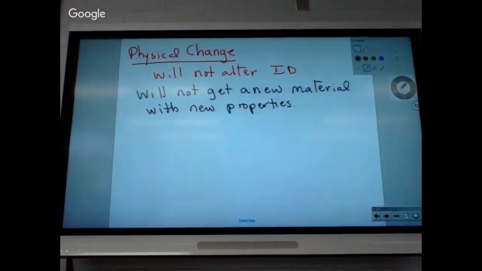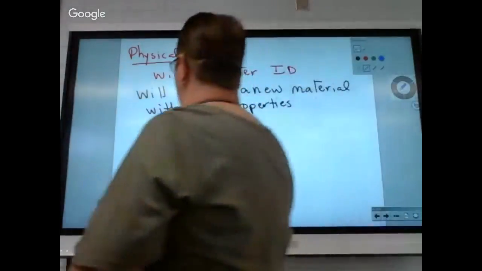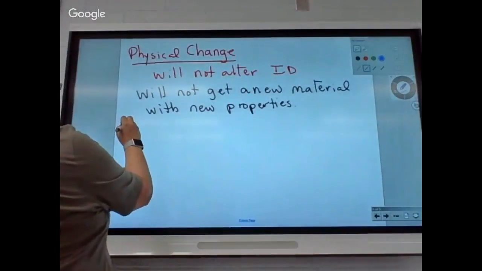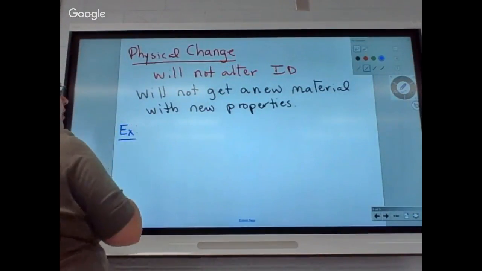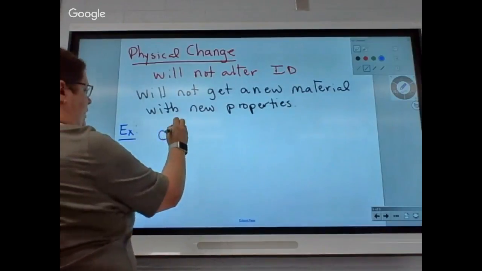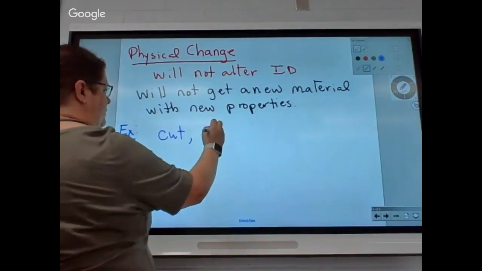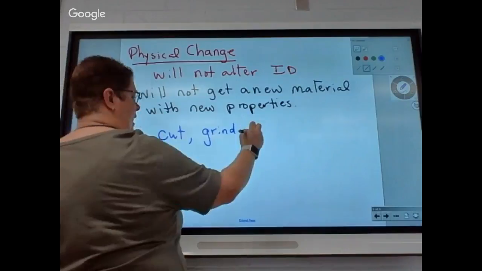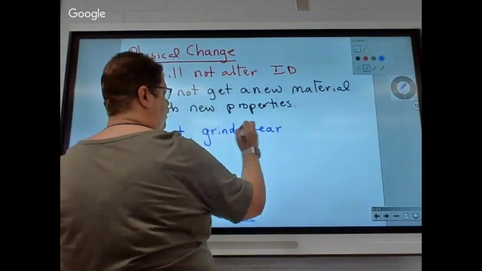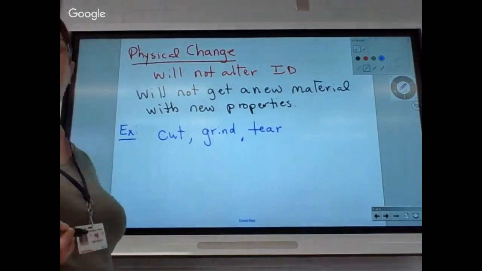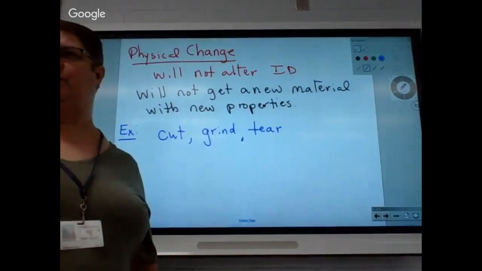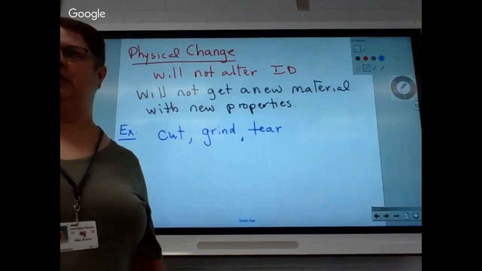Well, the standard things that you probably learned about in middle school, if you did this, would have been like you could cut something, you could grind, you could tear, okay? You could do any of those things. If you could beat the fool out of it, cut it up, grind it up, puree it, you could physically change it.